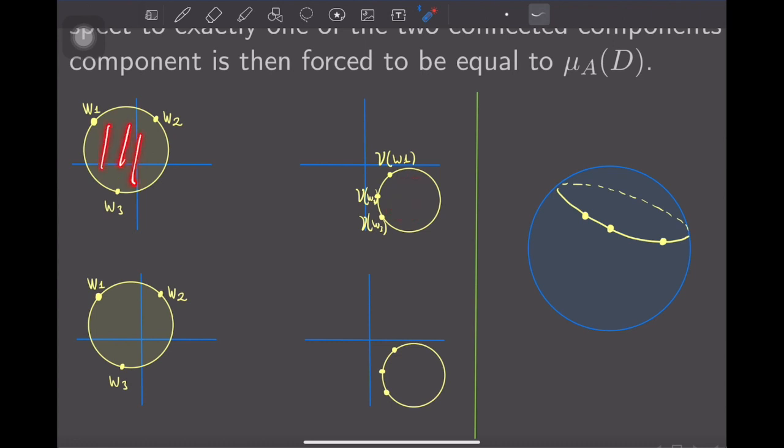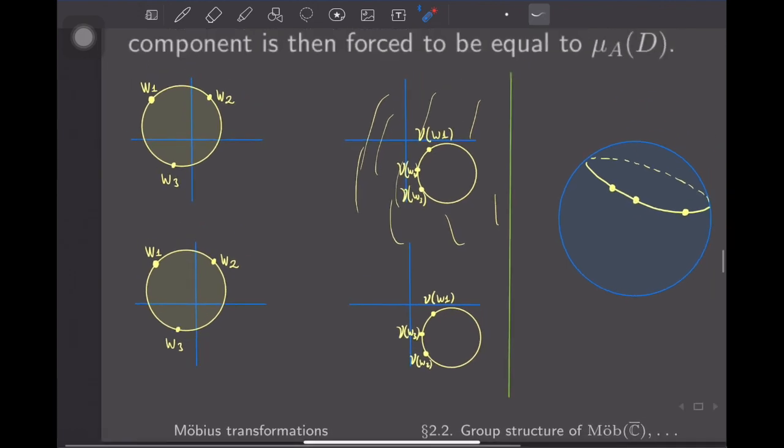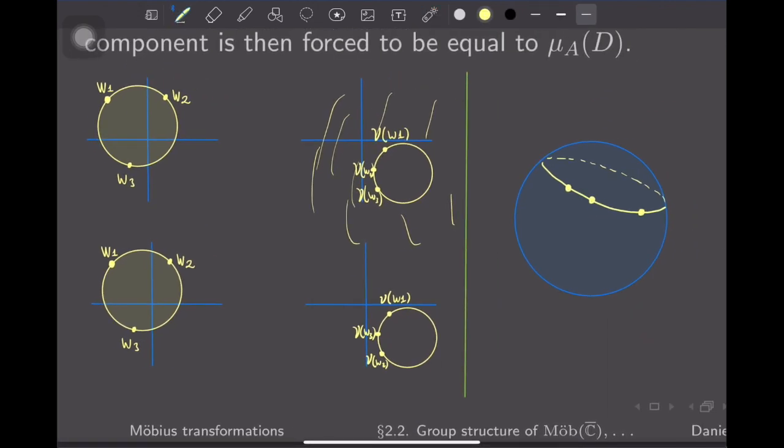So the image of this one, if this is the case, has to be this one. But if on the other hand they appear like nu of W1, and then nu of W2, and nu of W3, in the clockwise sense, then I can say that it's this one.